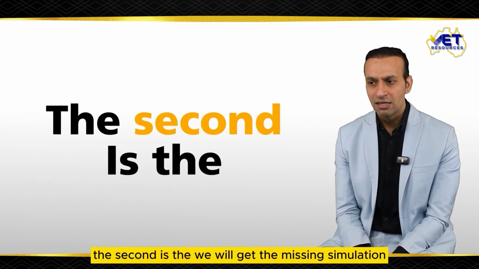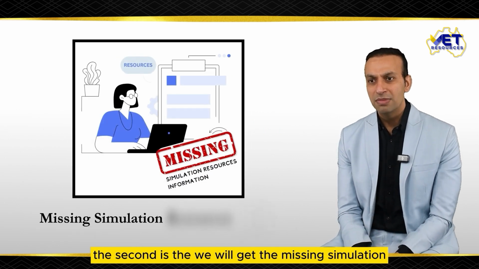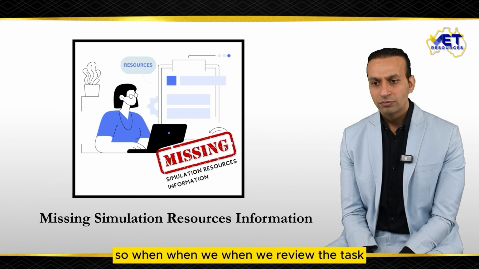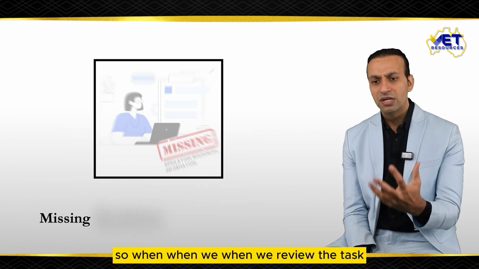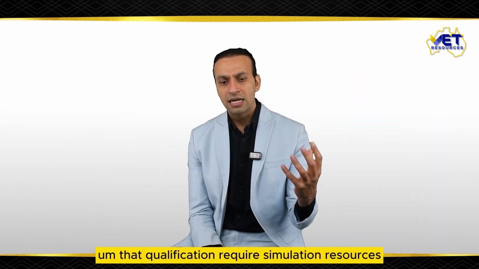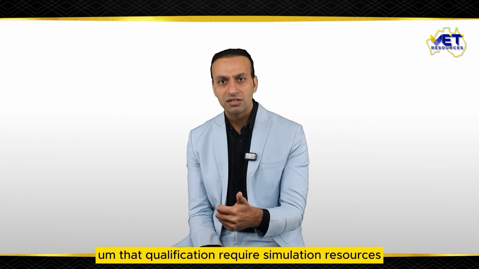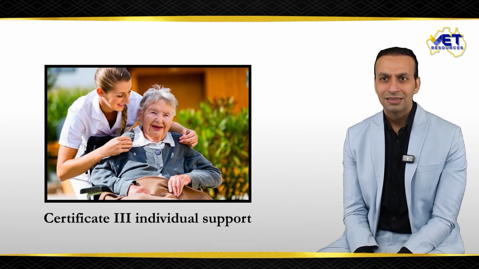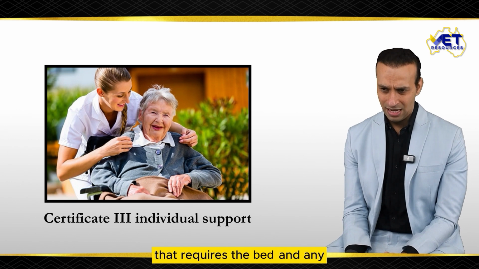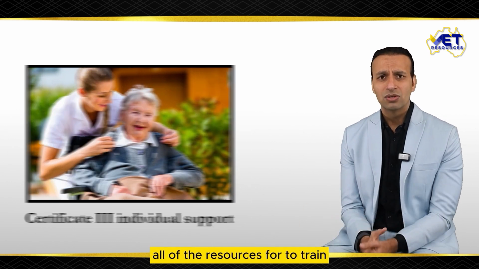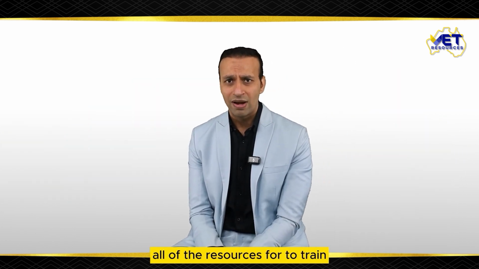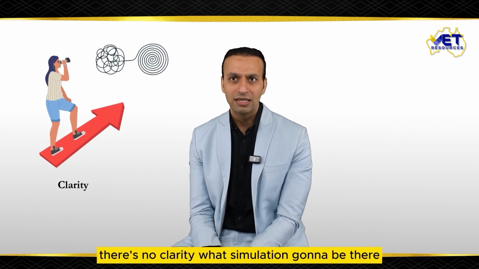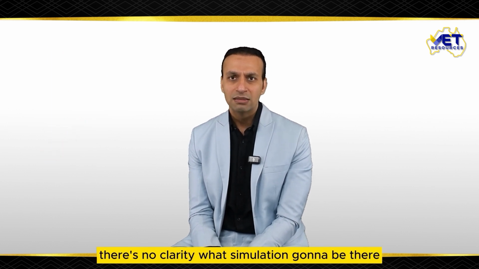The second is we usually get the missing simulation resources information. So when we review the TAS, that qualification requires simulation resources. For example, Certificate 3 in Individual Support requires the bed and all other resources to train, but that information is not in the assessment, therefore there's no clarity on what simulation is going to be there.